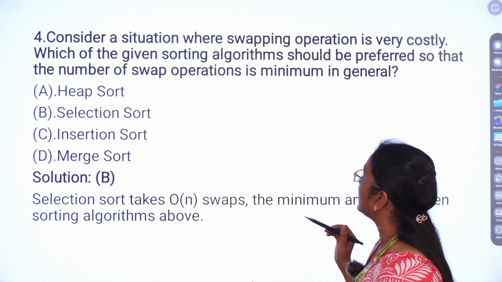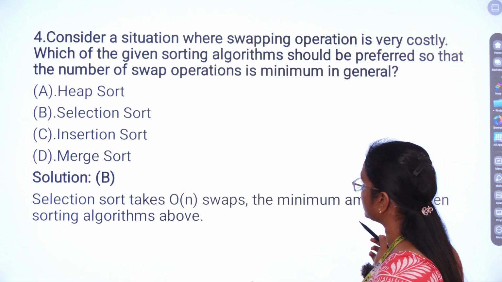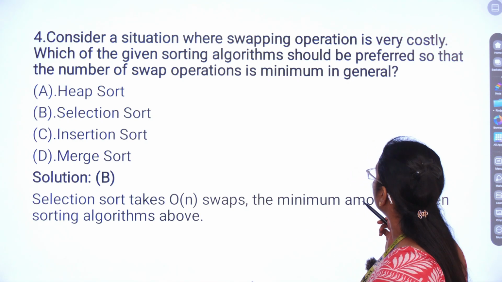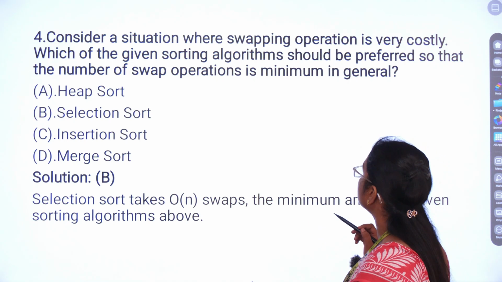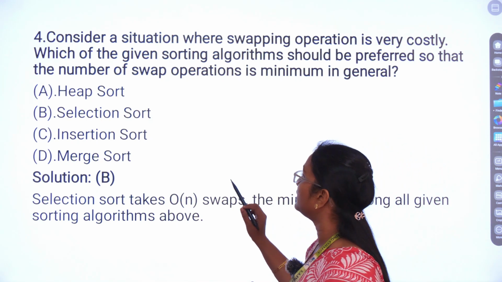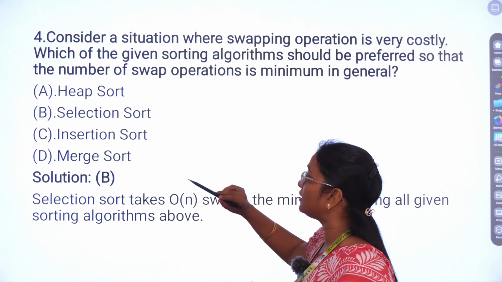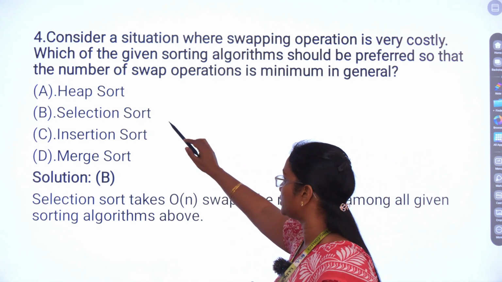Next question. Consider a situation where swapping operation is very costly. Which of the given sorting algorithms should be preferred so that the number of swap operations is minimum in general? Already I said before, when compared with all the algorithms, the number of swaps is less in selection sort.